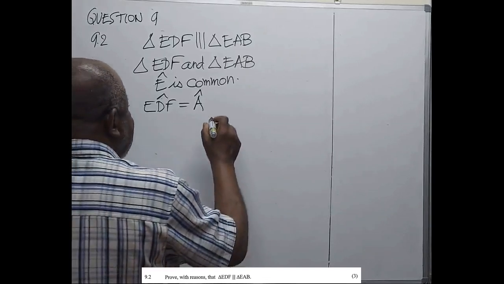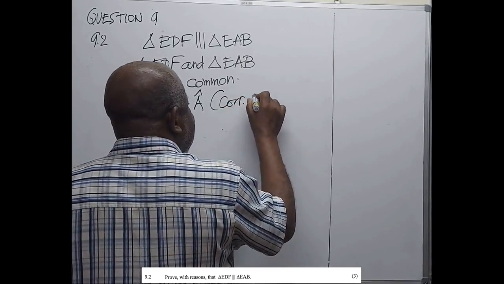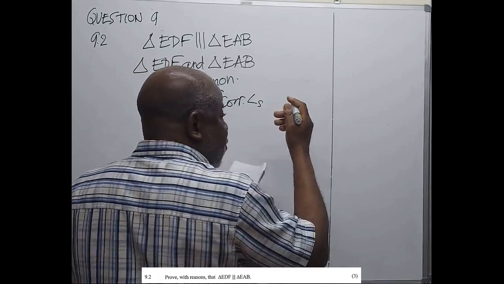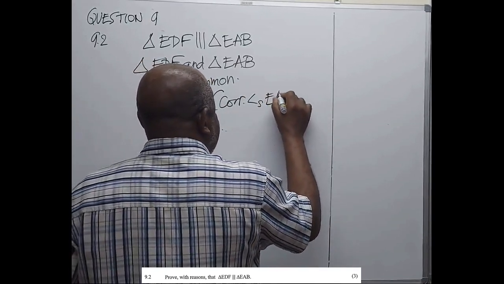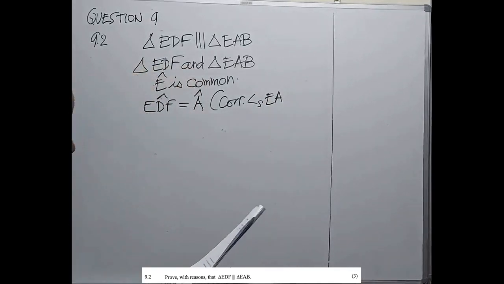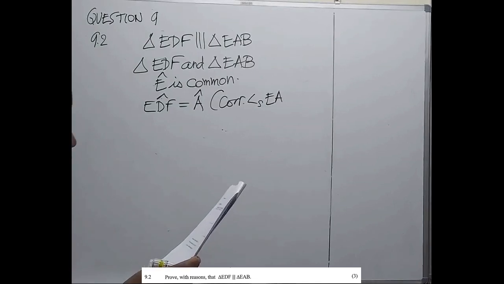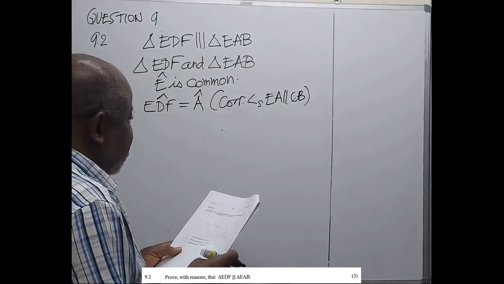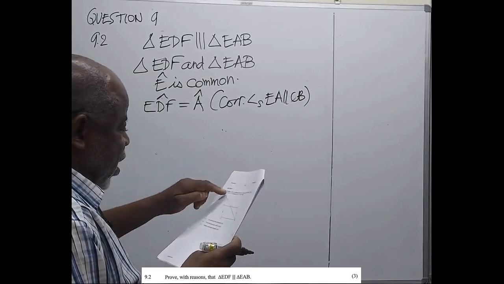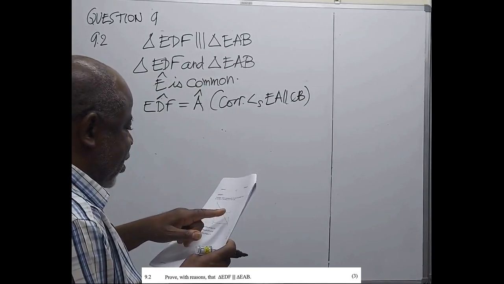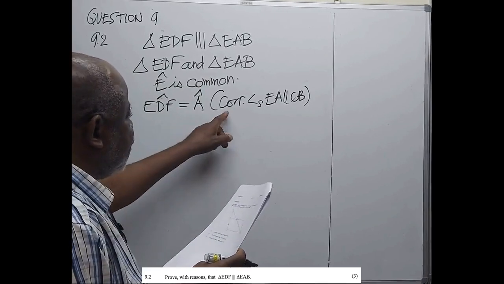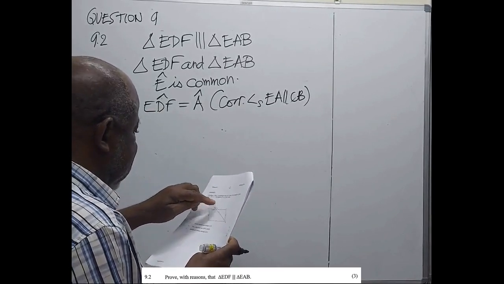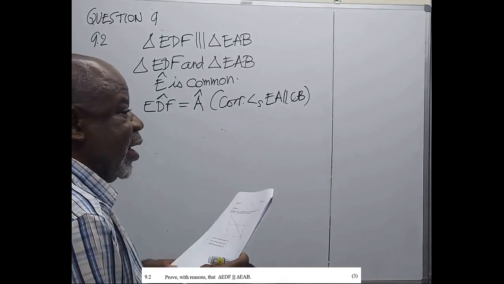The reason is corresponding angles are equal, because EA is parallel to CB, as you can see on our diagram. Because EA is parallel to BC, we're talking about corresponding angles, which are going to be equal. That's why angle EDF is equal to angle A.